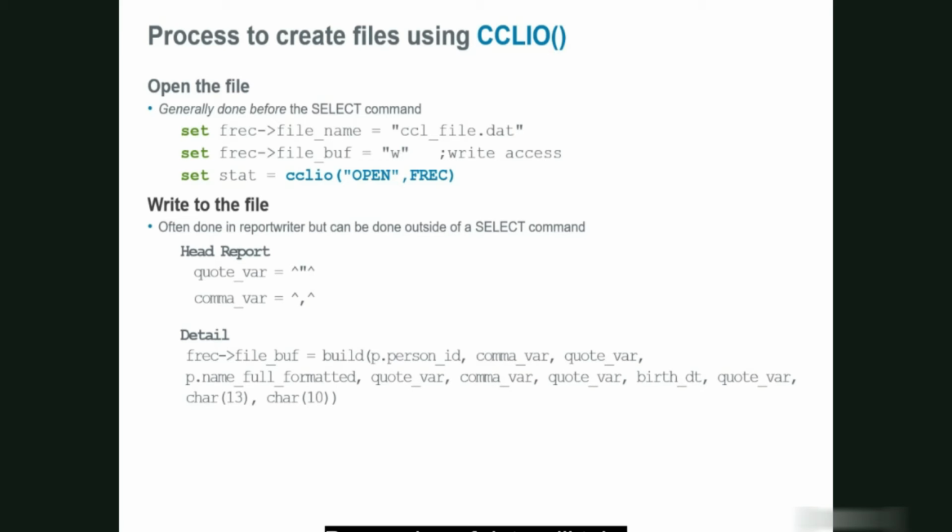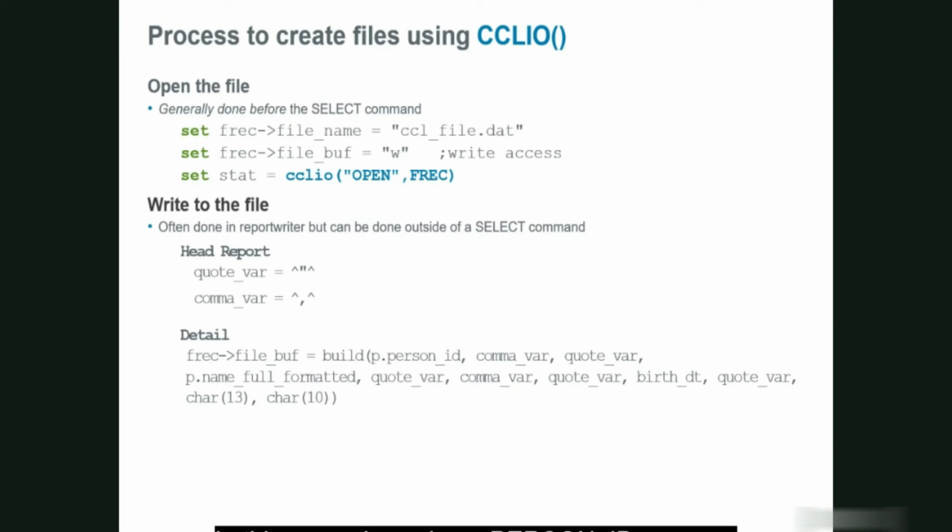Processing of data will take place in the detail section as we go row by row through the result set. Notice we are populating the data into the file buff element in the FREC record structure. We are using the build function to string together several numbers and strings of text into one larger string of text.